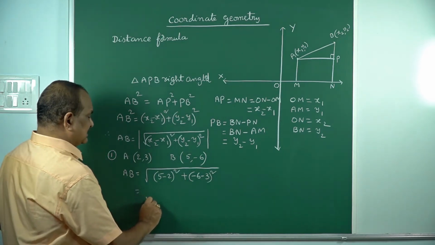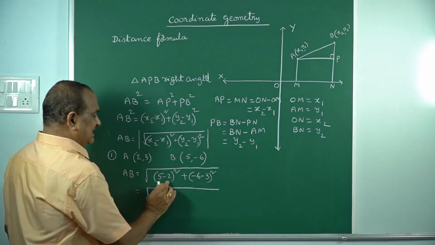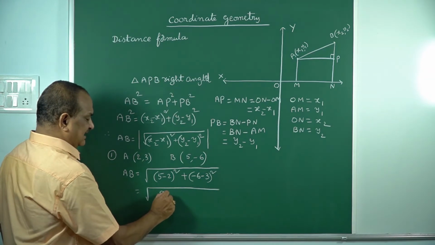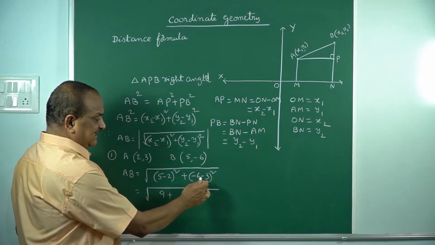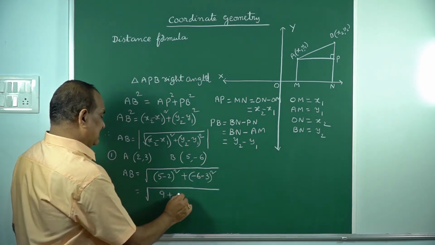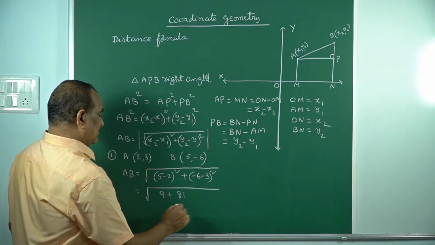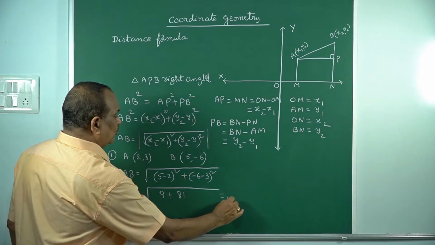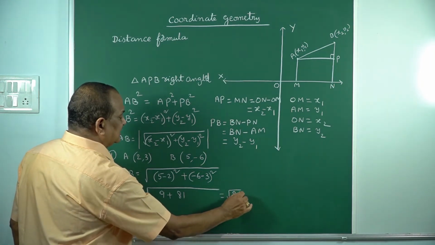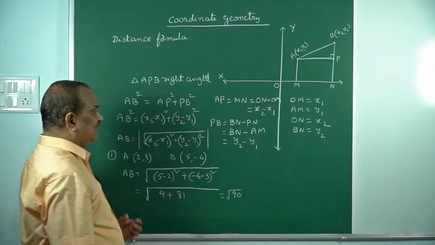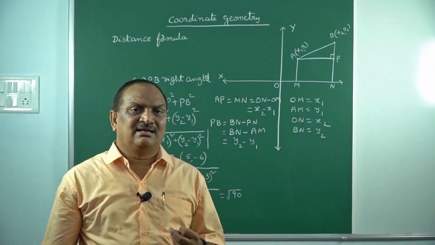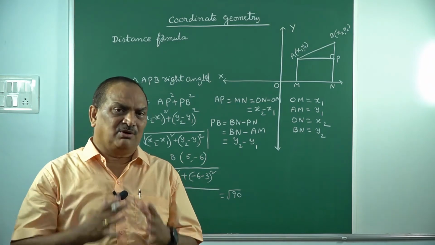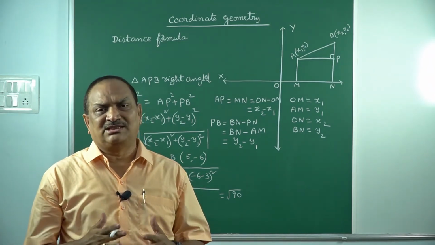So this 5 minus 2 is 3, 3 squared is 9, and minus 6 minus 3 is minus 9, minus 9 squared is plus 81. So your answer is root over 90. That's it. So if you are given 2 points, you can determine the distance between them, and for distance we take only the positive root, so you get a positive value.